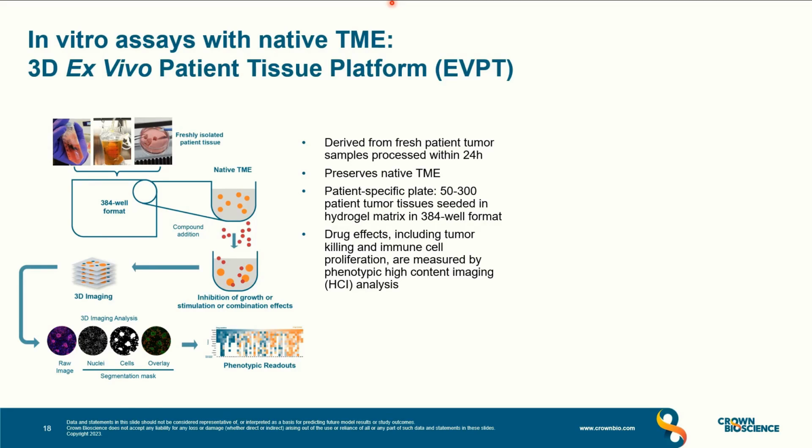The clusters are then mixed with a defined hydrogel matrix and seeded in a 384-well plate at a density of 50 to 300 clusters per well. The cultures can then be exposed to various drugs and combinations, and the drug effects are measured using our proprietary phenotypic image analysis platform.